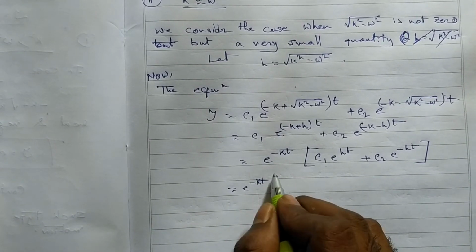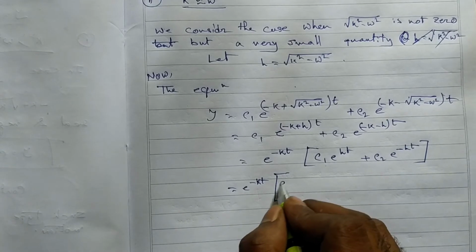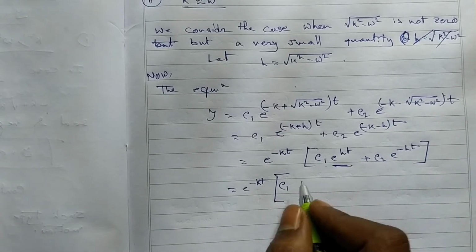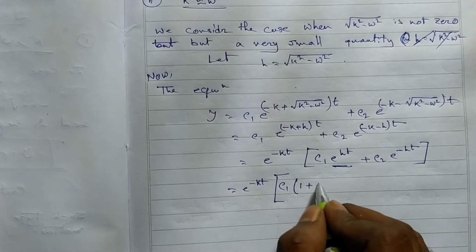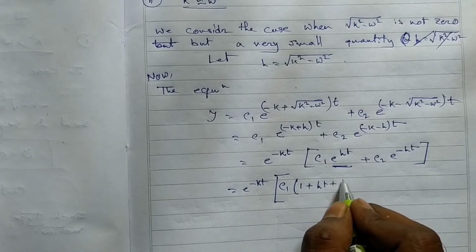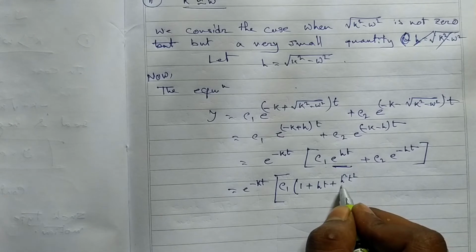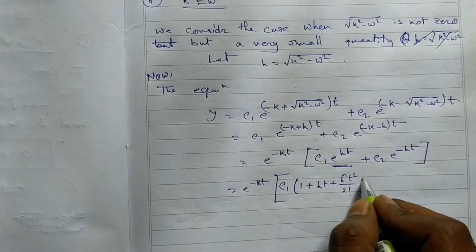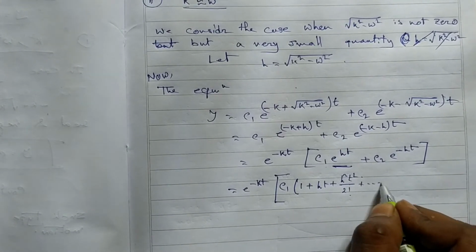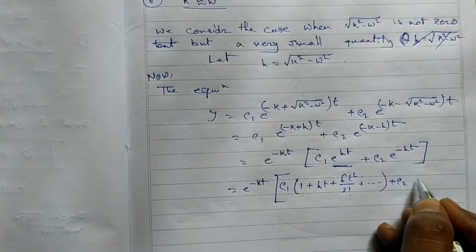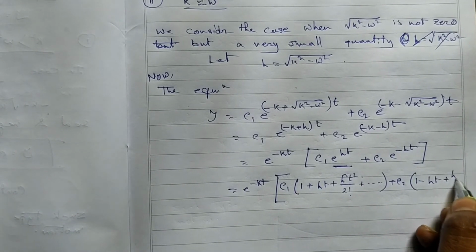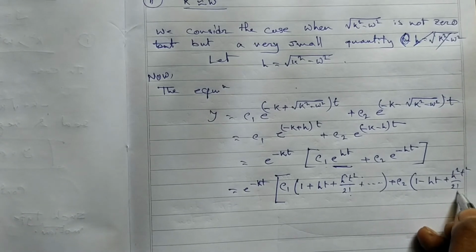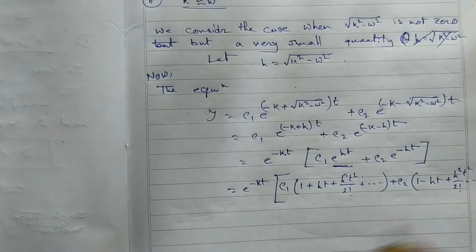Now we expand the exponential terms in series: c1 times 1 plus ht plus h square t square by 2 factorial plus dot dot dot, plus c2 times 1 minus ht plus h square t square by 2 factorial dot dot dot.